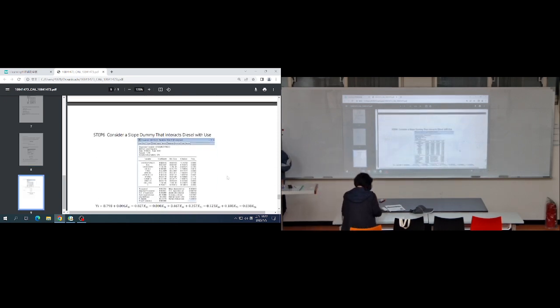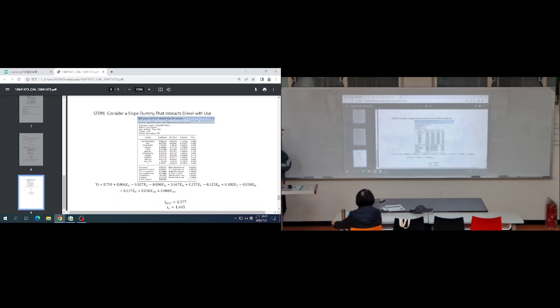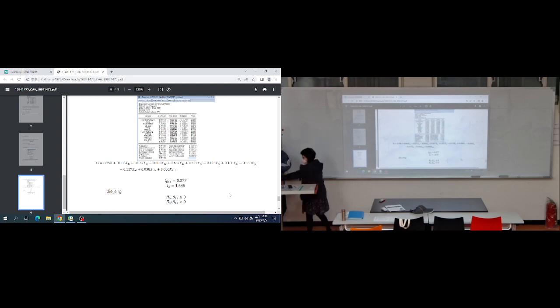And step 6, add the slope dummy in the regression. This is my book. And here is the output.